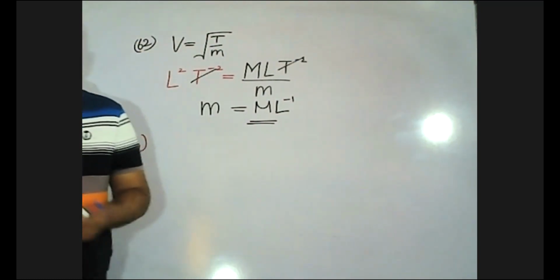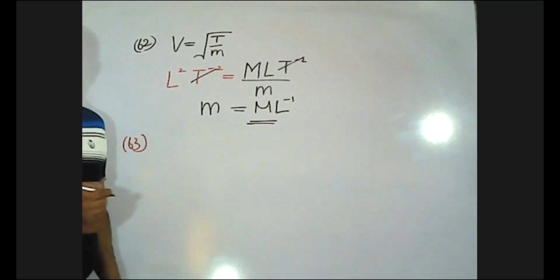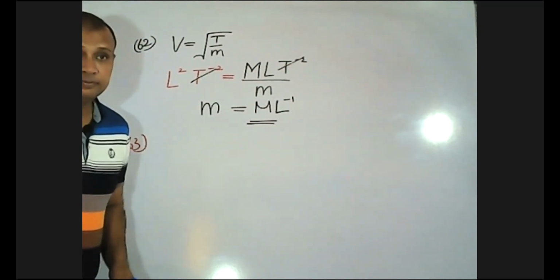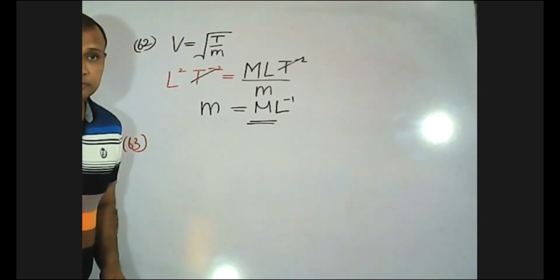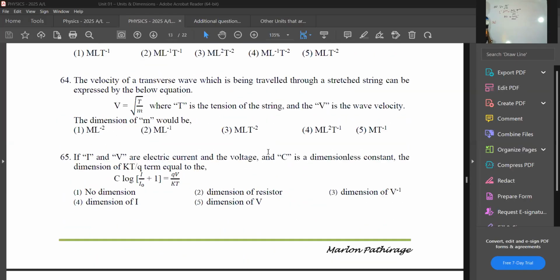Okay. Here the expression: log of (I over I naught) plus 1 is equal to QV over KT.